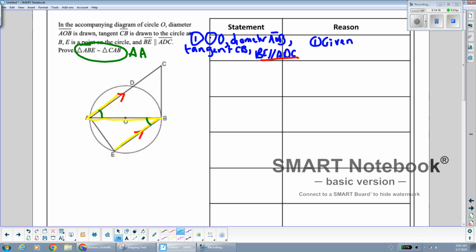I just want to take this moment to remind you guys that there's only 3 ways of proving triangles similar at all. There's AA, there's SAS, and there's SSS. But in order to use the ones with the S's, you need side lengths because you need to be able to tell that sides are proportional. Remember, in similar triangles, the S's are proportional sides.